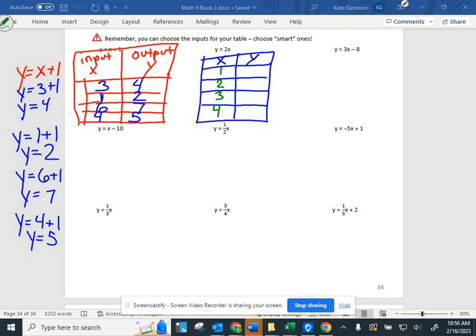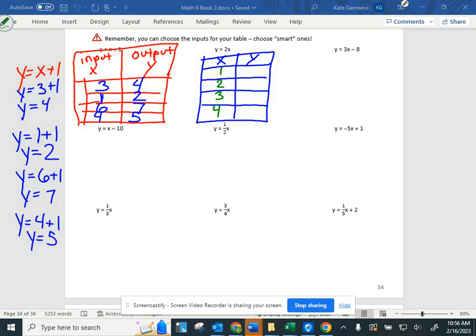Say, okay, I've got my X's. Now I'm going to figure out the Y's for each of them because I like to be organized and ordered. On the test, if you give me something where they're not organized and ordered, you'll still get it right because I'm not expecting that you put it organized for these function tables.